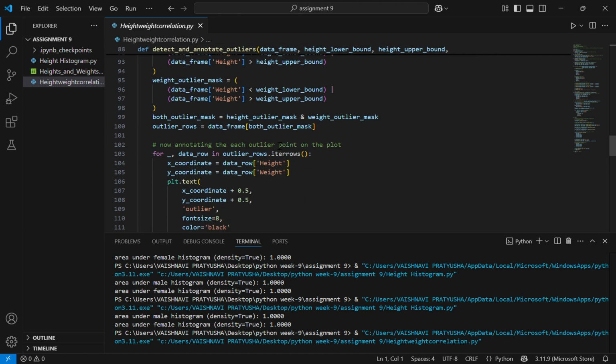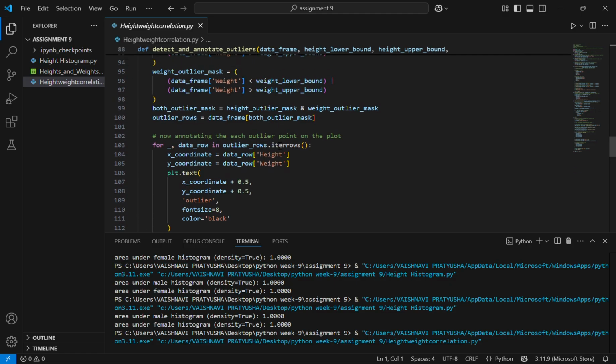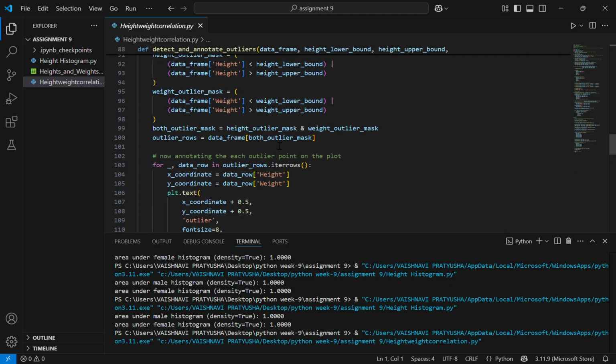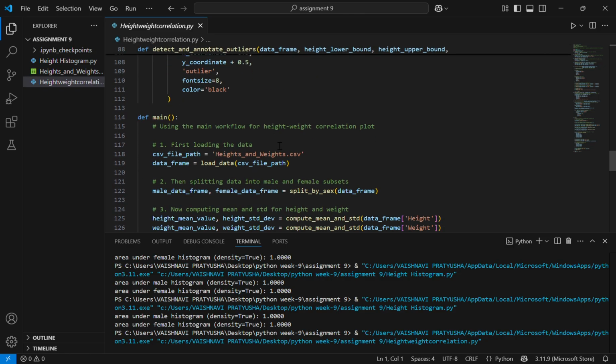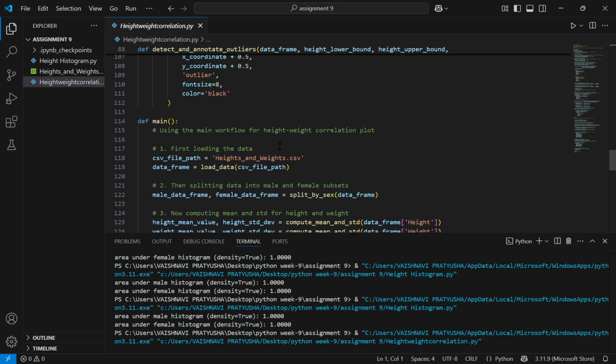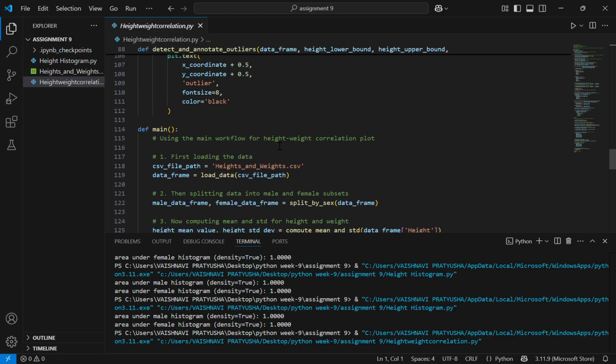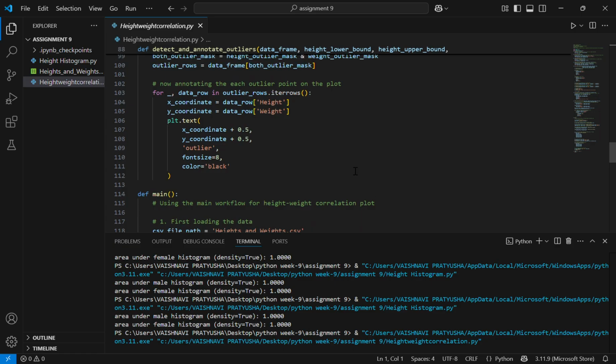I did that by outlining the subject using the mean height and the standard deviation for height, and the same for weight. I multiplied the standard deviation by a factor, then subtracted and added it to the mean to get the lower and upper bounds. I did the same to get the bounds for weight.